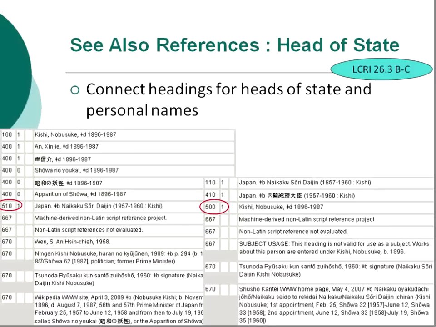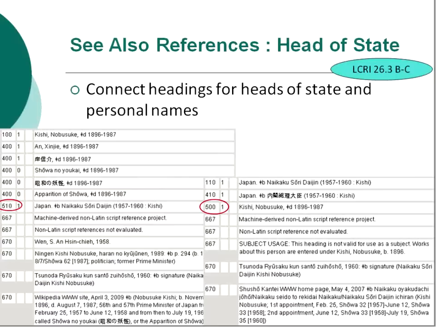You see it's a 100 field. Okay, so this is a heading for a personal name for his personal or private communication. Now you notice the 510 is provided here to connect this record for the individual to his official title as a government entity to the right.